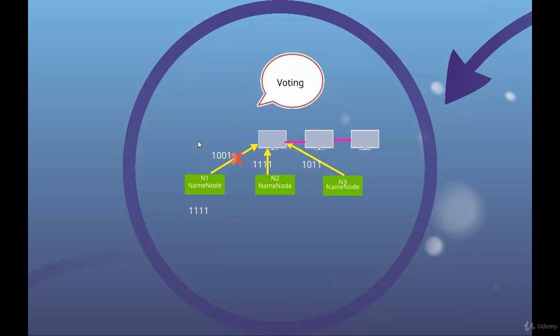Everybody will have their bitmap of heartbeats received or not. And at any point of time, the majority of bitmaps from these nodes will designate the active name node. Now these voting nodes in the system are called journal nodes. So the journal nodes are the nodes that serve the voting mechanism to elect an active name node with heartbeats received at periodic intervals in time.